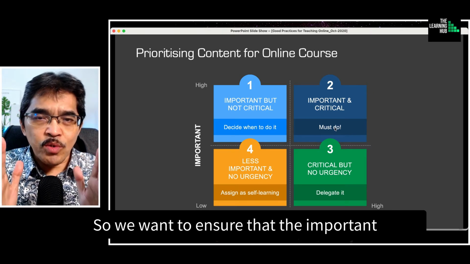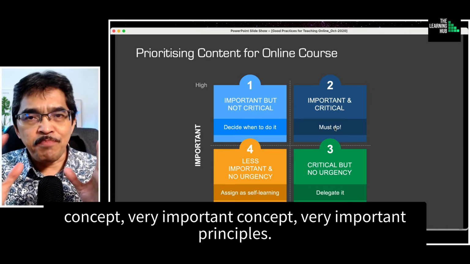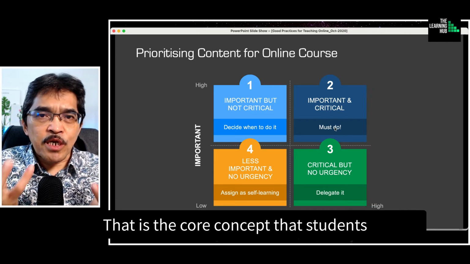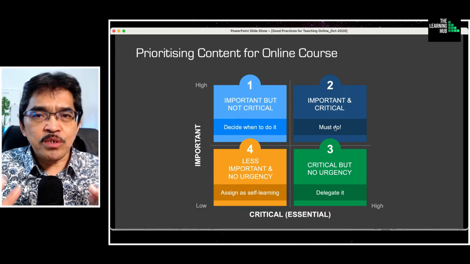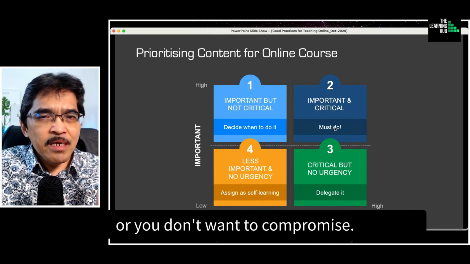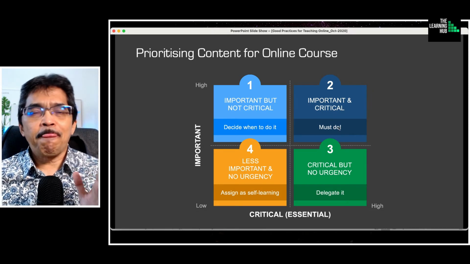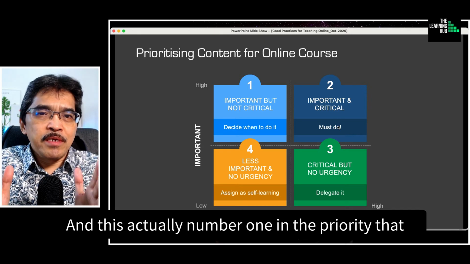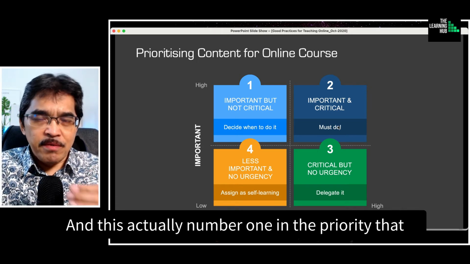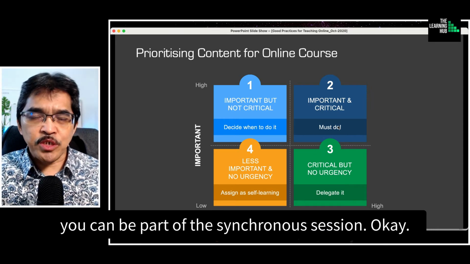So you want to ensure that the important concepts, the very important principles, the core concepts that the students need to understand, they cannot do without, so you don't want to compromise. This is number 1 in the priority, and it can be part of the synchronous session.